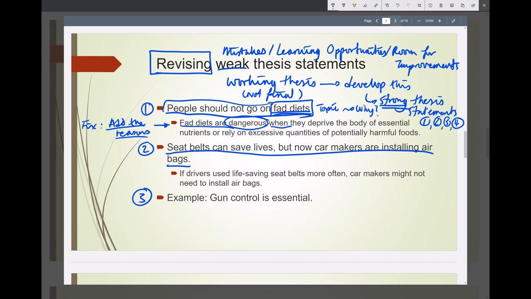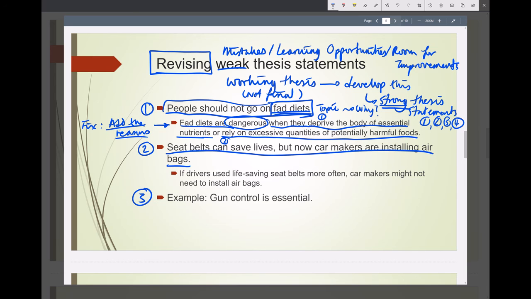Okay, so how are fad diets dangerous? Well, one, they deprive the body of essential nutrients. So you're not getting enough food. You're not getting enough vitamins or minerals for the body to grow and heal itself and so on. Or 2, fad diets are dangerous when people rely too much on potentially harmful foods.